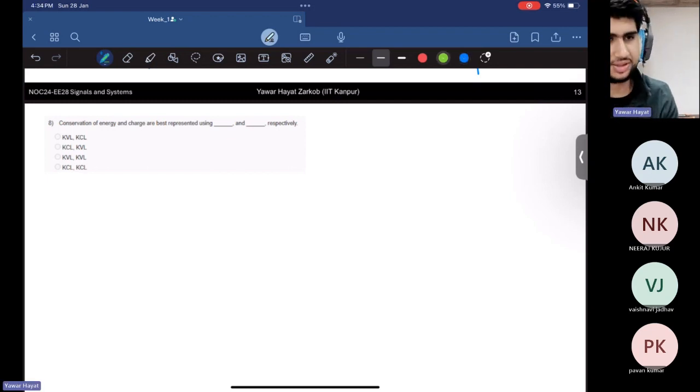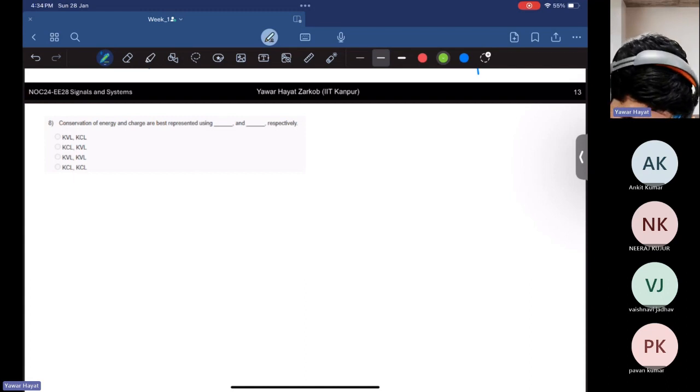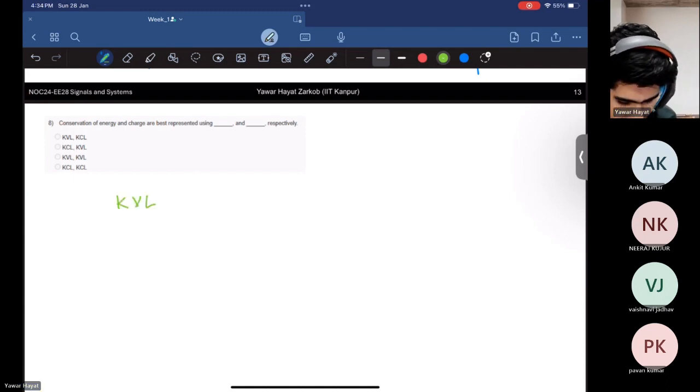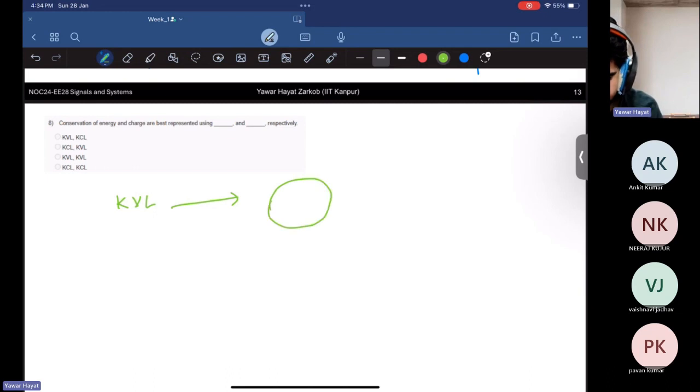So let me just briefly go over this. This KVL law can be viewed as conservation of energy. Reason being, see, what is the statement of KVL? KVL states that the total sum of all the voltage changes in a closed loop circuit is equal to zero, right? If I'm having a closed loop circuit, the voltage change should be zero, right?